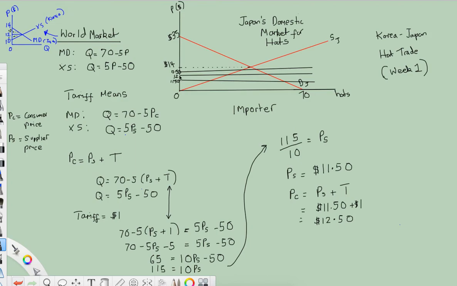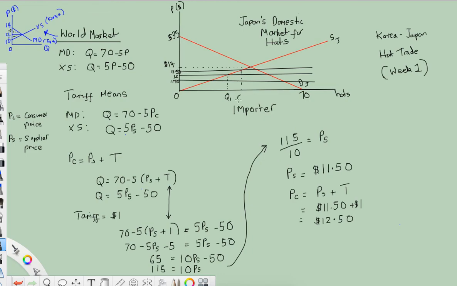The Korean suppliers take 50 cents per unit and the consumers take 50 cents a unit, but that was because of my equal and opposite export supply and demand curves that we discussed before. So in terms of what happens, the price to consumers, and from the point of view of the domestic industry, rises from 12 to 12.50.